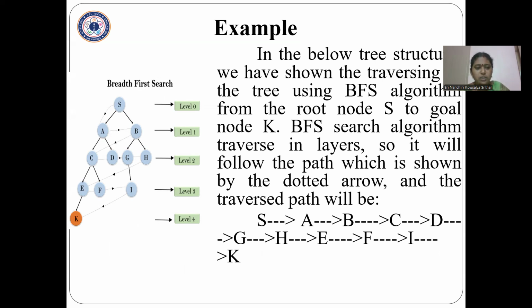So A to B, again it will not find the goal node. Then it comes to level 2: C, D, G, H. Then it comes to the next level: E, F, then it searches I. At last it comes to level 4. There it will find the goal node.